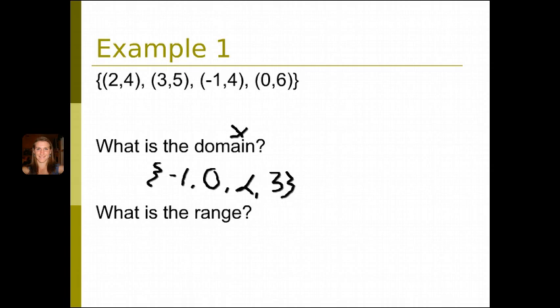The range is our y values. So the range for this relation is 4, 5, and 6. When we write the domain and range, we need to remember to write them in order from least to greatest and not repeating any numbers.